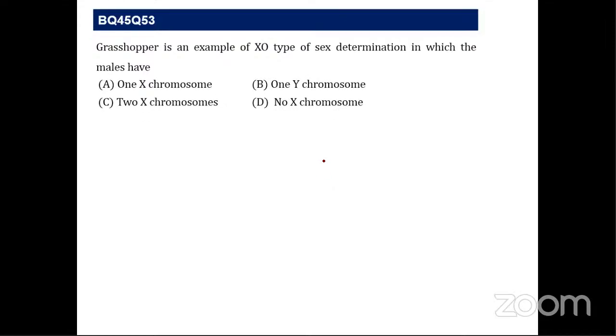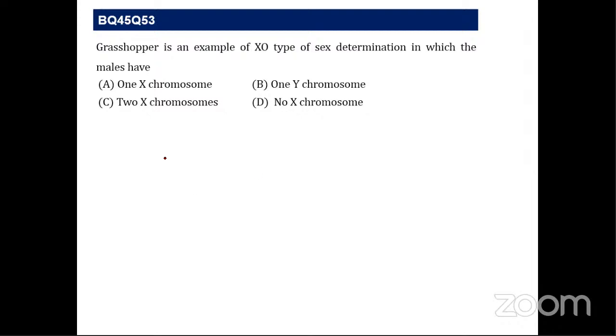Good. Mahek, correct answer. Yes, Ira, correct answer.